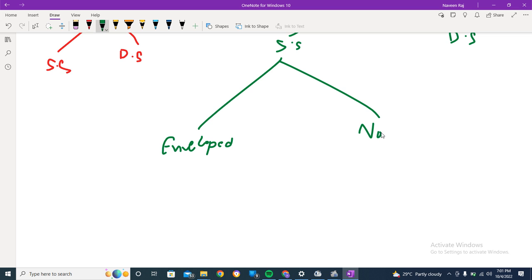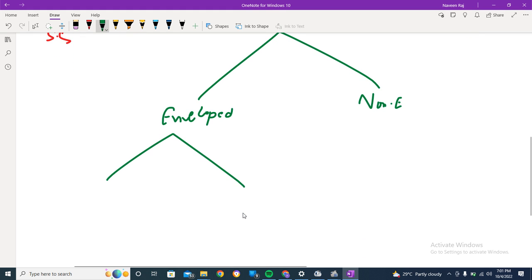I'm just writing E for enveloped, so do understand this is not enveloped. In enveloped we have two more classes. Don't get confused, it is quite simple once you look into it.